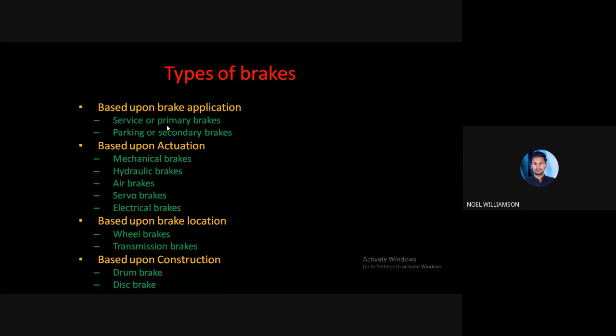Next, based on the actuation, how it is actuated, whether by mechanical means or using hydraulic or pneumatic means, we can classify into many categories: mechanical brakes, hydraulic brakes, air brakes, servo brakes, electric brakes, etc. These are the main classifications.